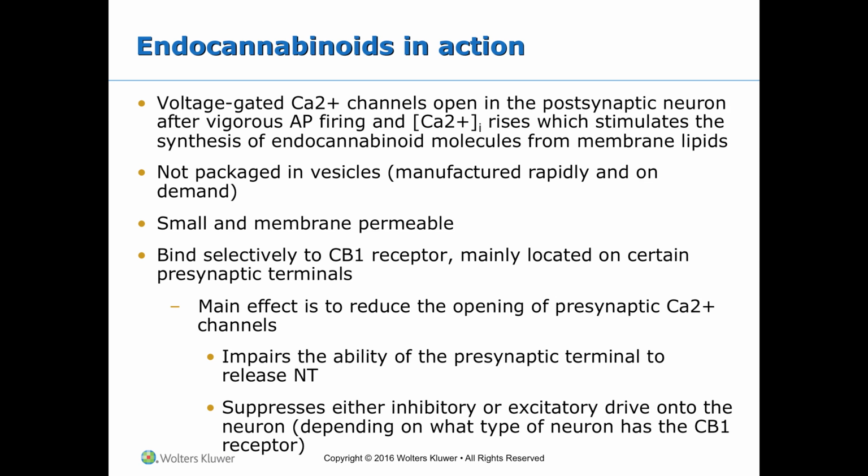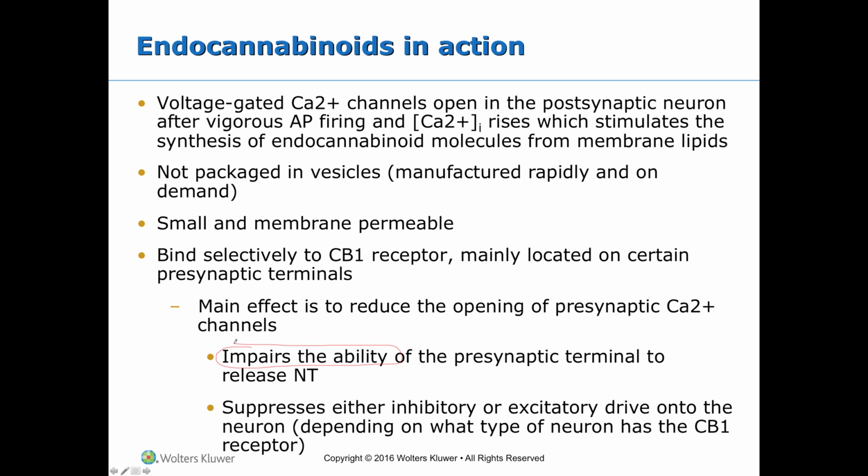Binding selectively to the CB1 receptor that lies on the presynaptic neuron, the main effect is to reduce the opening of presynaptic calcium channels. Now, if we are preventing or reducing the opening of calcium channels on the presynaptic terminal, what happens? Because you know that calcium is important for SNARE protein activation and for vesicular fusion, this impairs the ability of the presynaptic terminal to release neurotransmitter.